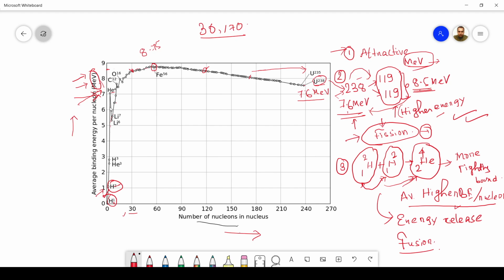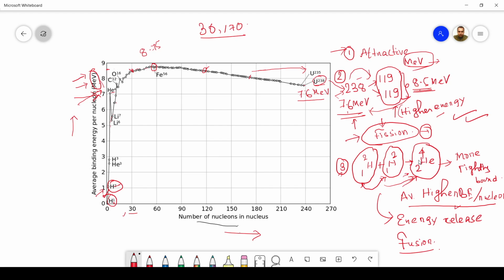For lighter nuclei below 10 nucleons, if you combine two lighter nuclei you can get a heavier nucleus, like these two hydrogen combined to get helium 4.